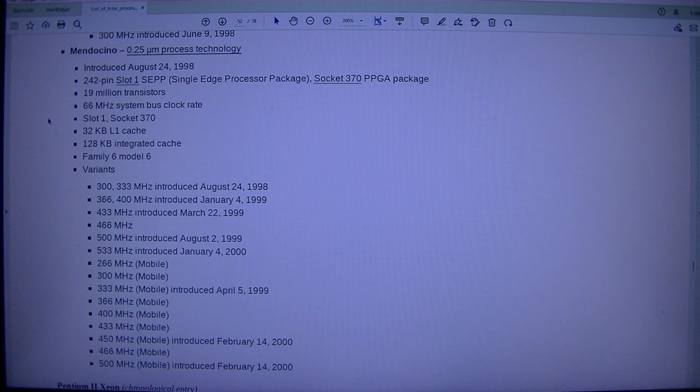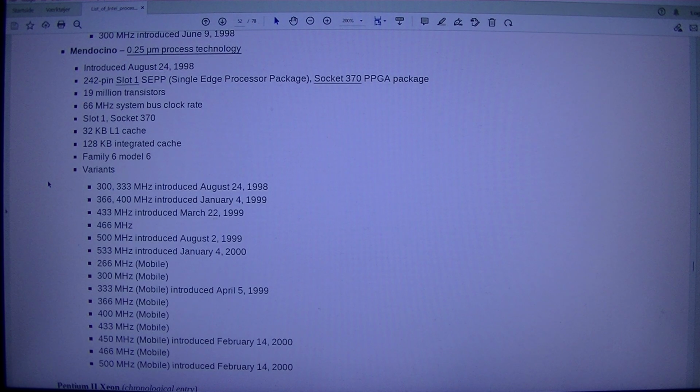Slot 1, socket 370. 32 kilobytes L1 cache. 128 kilobytes integrated cache. Family 6 Model 6. Variants 300, 333 MHz introduced the 24th of August, 1998.